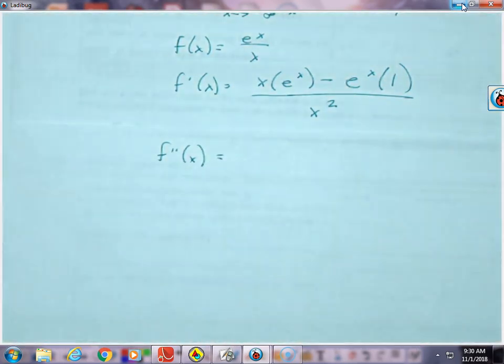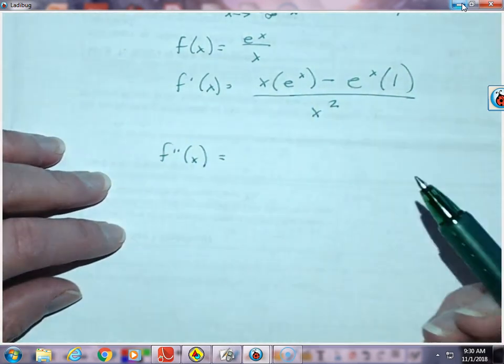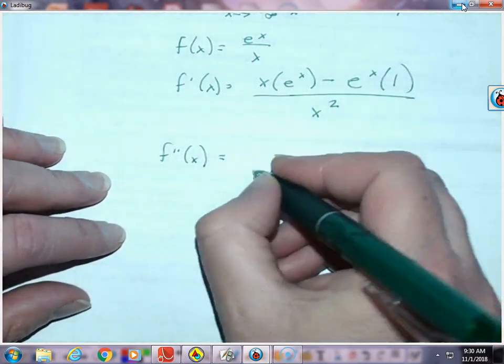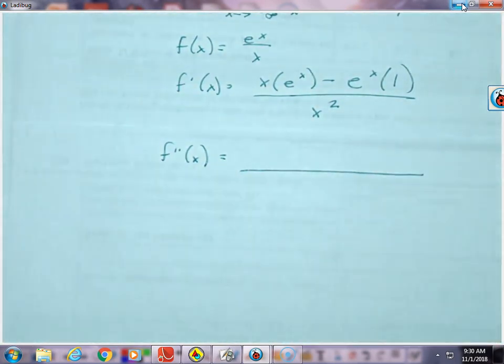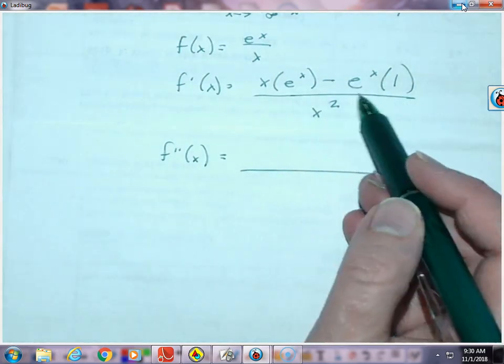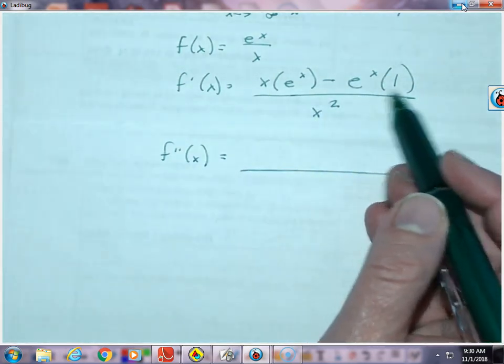So what rule have I got to do again? I do have to do quotient, and there's a product rule mixed in with it. Would it be easier if we multiply out the e's and the product rule, or do we just leave it like that? This is kind of the one where it is multiplied out, because e to the x times 1 is just 1.